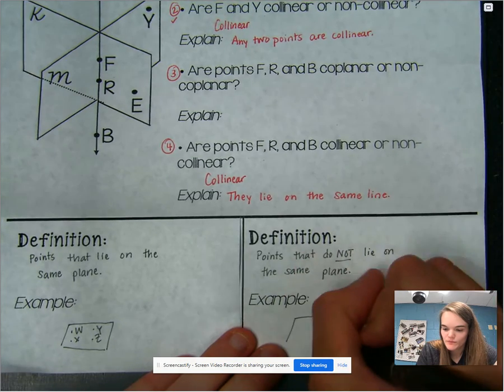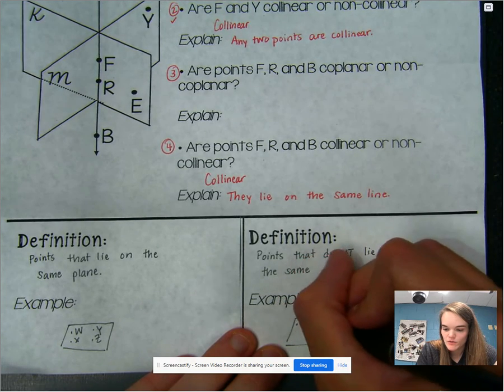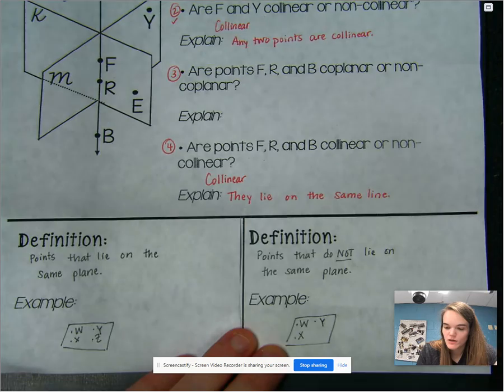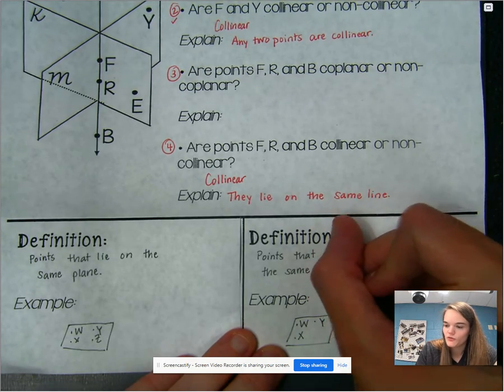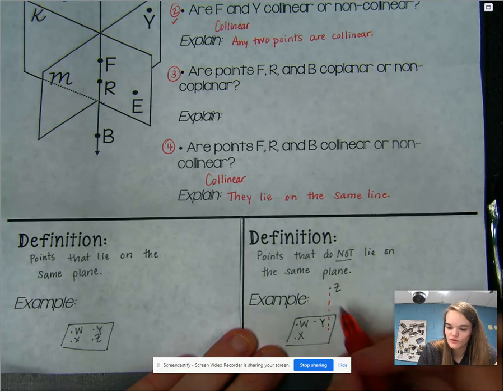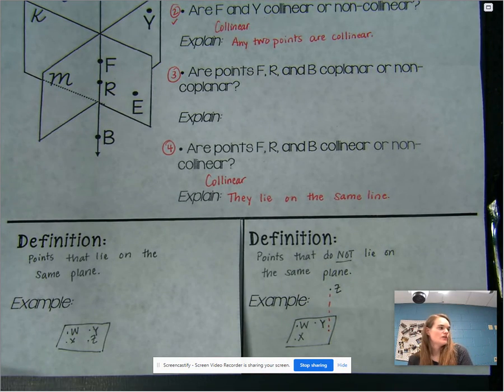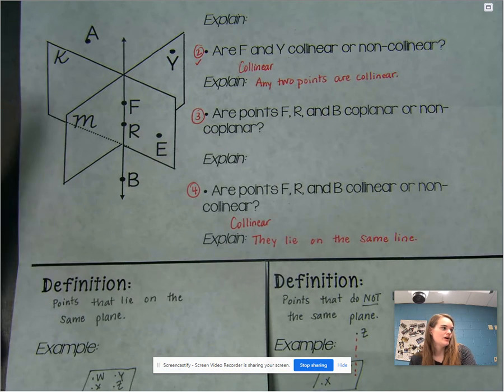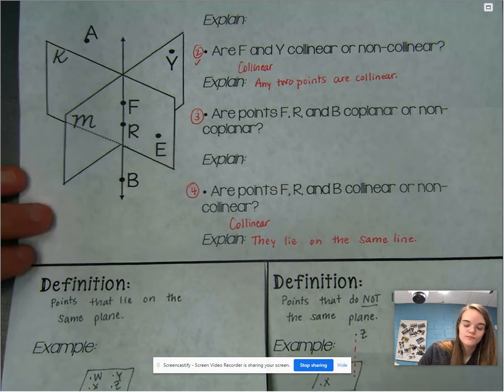For example, W, X, and let's say Z is floating up here in space. It's way above the plane. It's a flat surface and it's above it. Not on the same plane, okay? Kind of like up here in this picture, Y and A are not in the same plane.